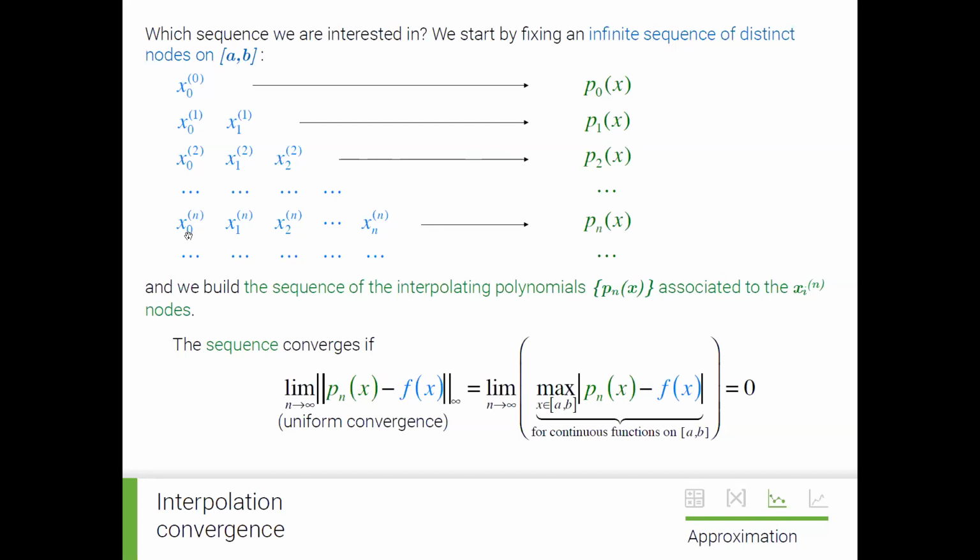If it is x0 till xn, it will be p_n of x, yeah? We correspond the polynomials p_n, and now you can see we built the sequence of polynomials p0, p1, p2, etc., p_n. This is the sequence of interpolating polynomials associated to the nodes x_i.